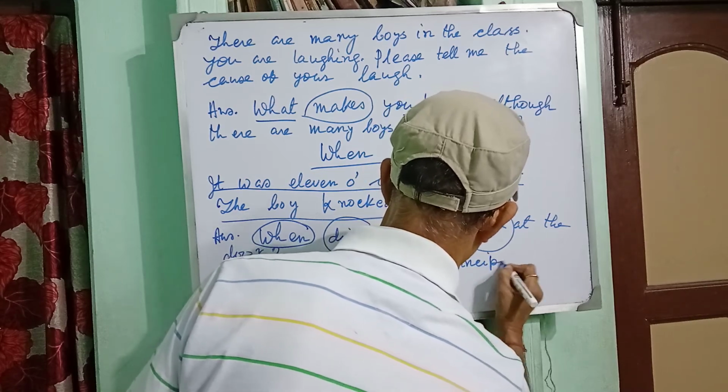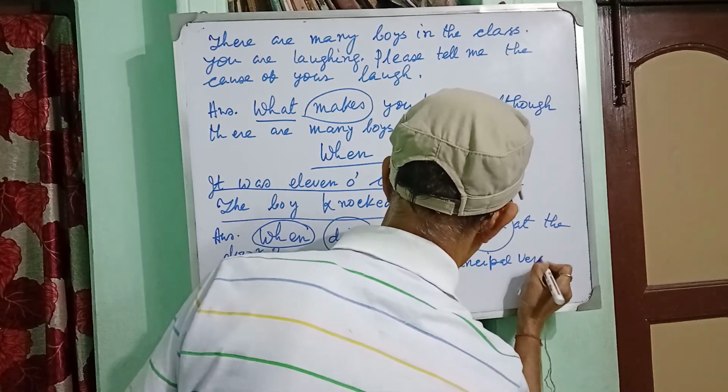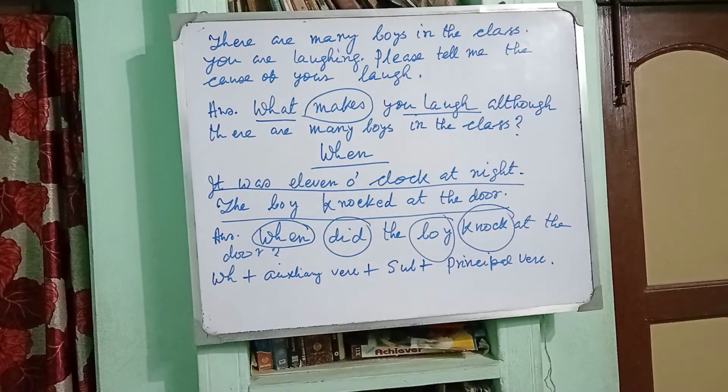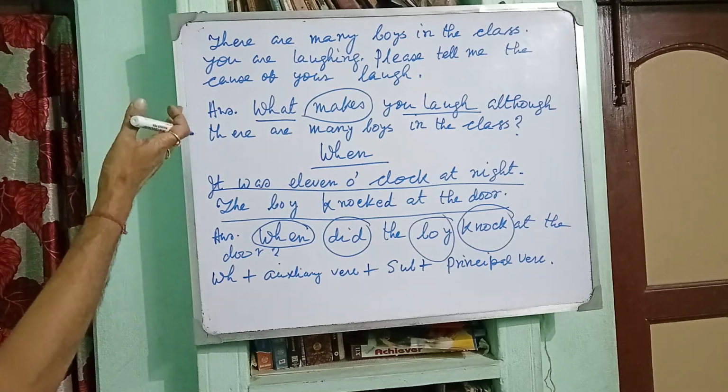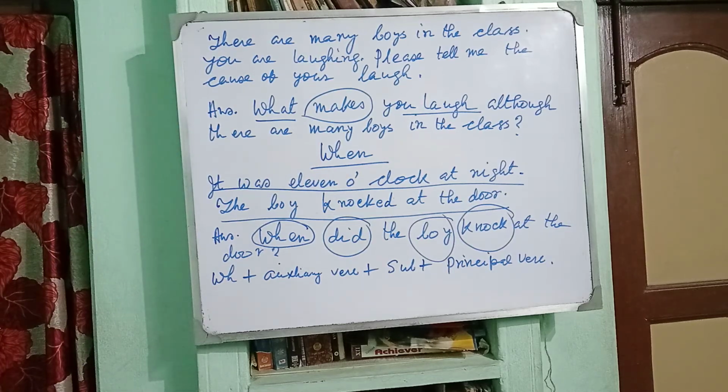This is the formula. Okay? And there are exceptions, you know, and I have already shown you in the case of what. However, in my next class, I shall give you many more examples of so many WH words.